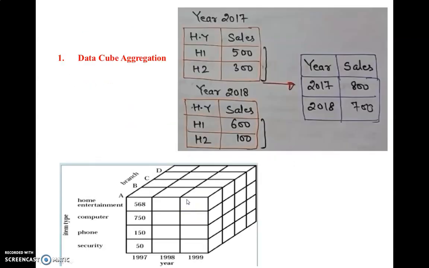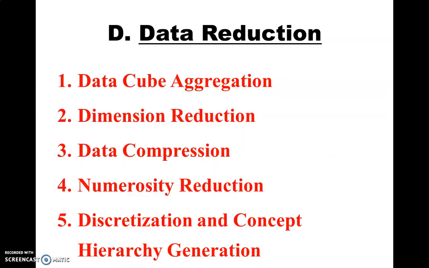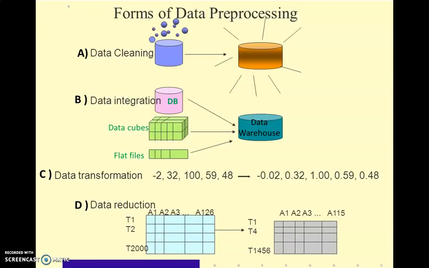So this is what we have in data reduction. I have already finished data reduction and the forms of data preprocessing. We know what data cleaning is and which methods are used for it.